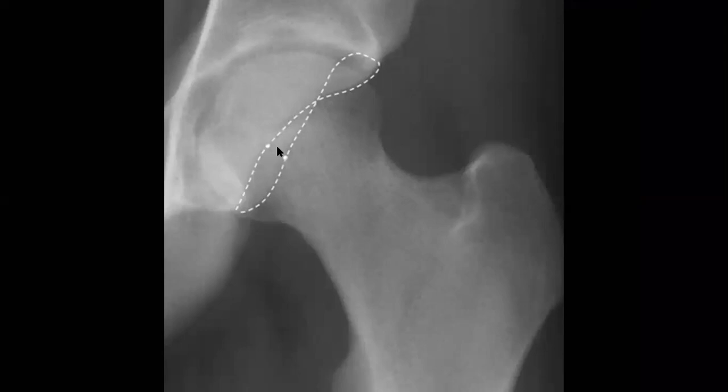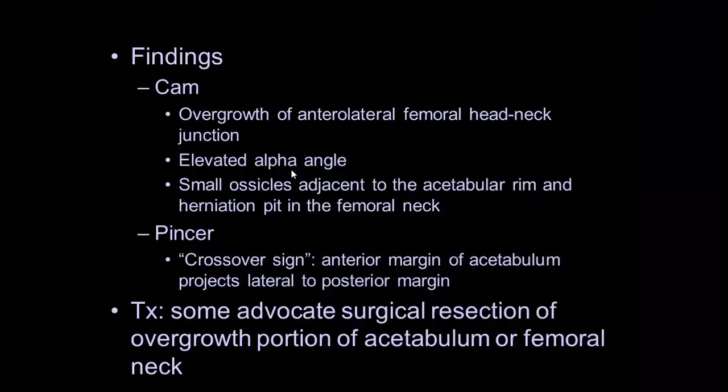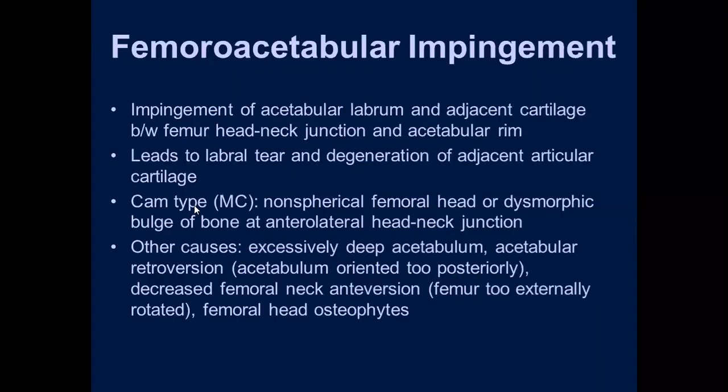When you find the cam type, which is a non-spherical femoral head, there is a bulge of the bone in the anterolateral head-neck junction. Yeah, when there is over coverage, this is the pincer type, right? And when you find the bump sign, this is the, yeah.